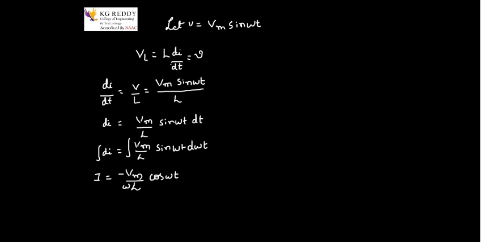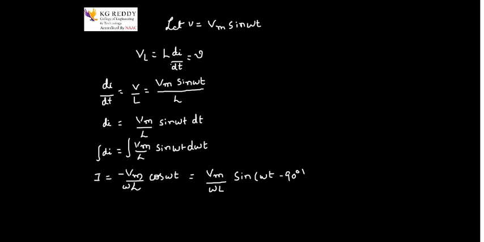Now I can write this as Vm by omega L into cos omega t, which is equal to sin of omega t minus 90 degrees.